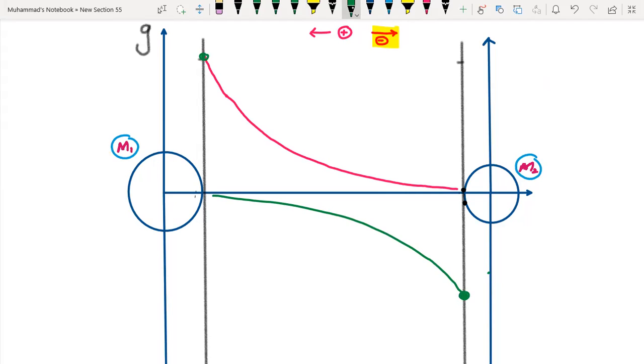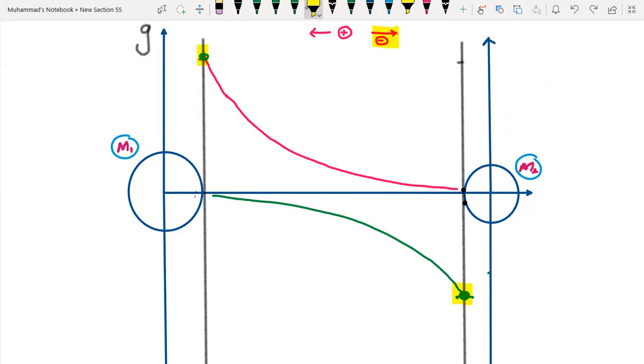Let's say if these two masses are equal, then they will start with the same magnitude. If m2 is smaller than m1, then this value will be smaller than that value. You can see from this graph, this has some maximum value over here. The value decreases. Eventually, it will become very small.